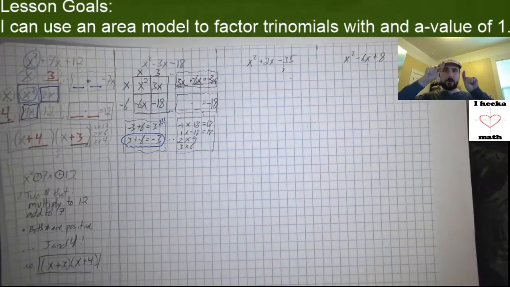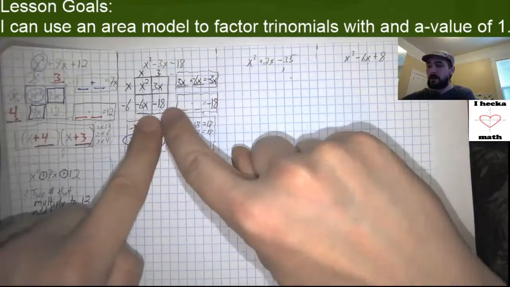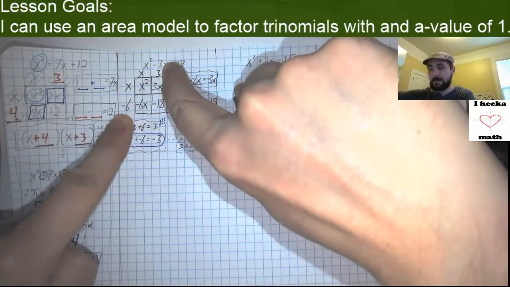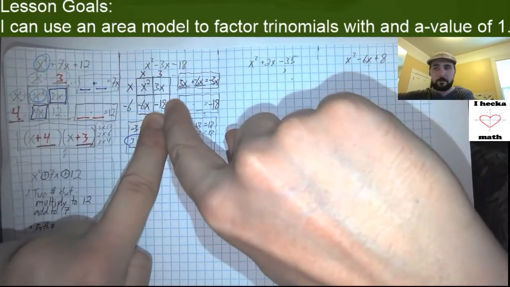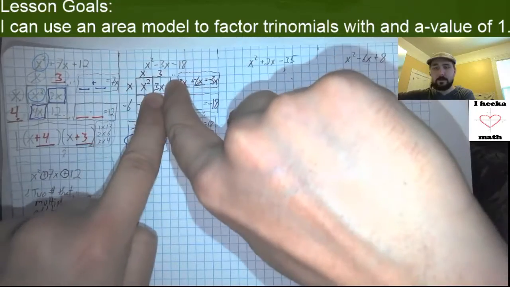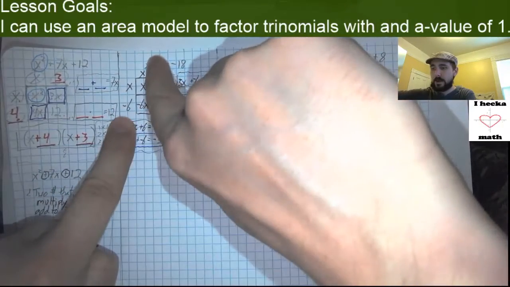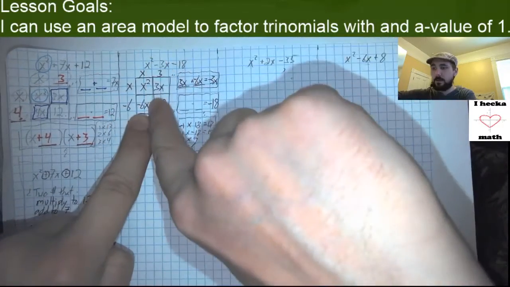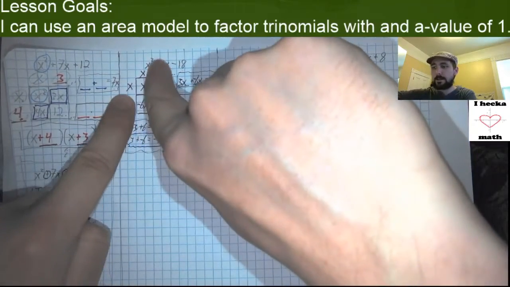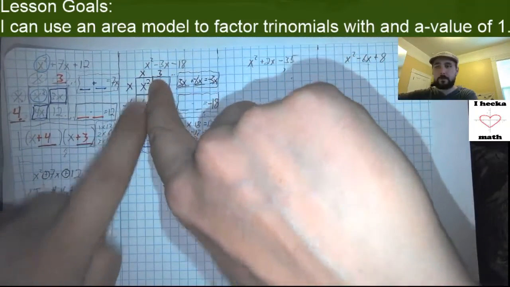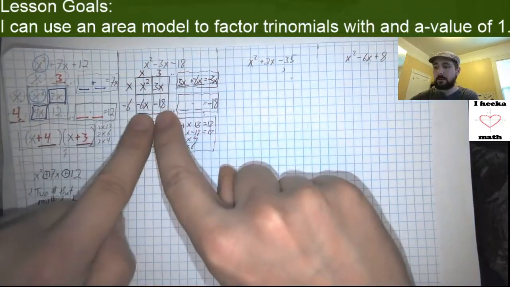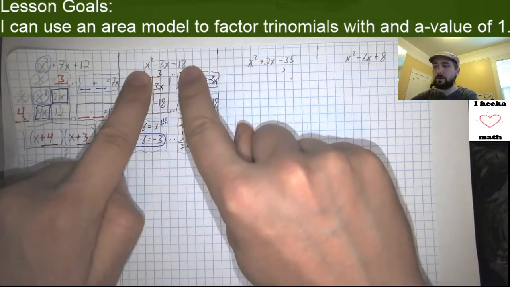And then, right, if you don't believe me, let's fact check this by doing some diagonaling. So 3 times negative 6, negative 18. 3 and x become 3x. X and negative 6 become negative 6x. X and x become x squared. And the things in this box combine to our original solution.